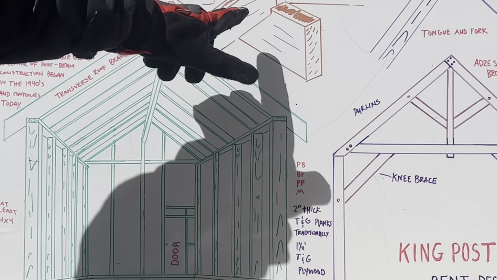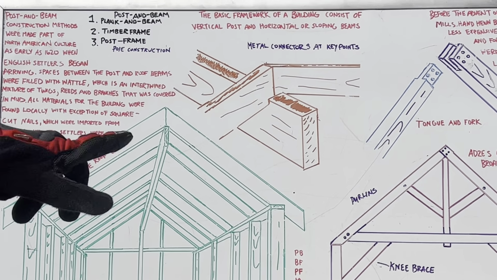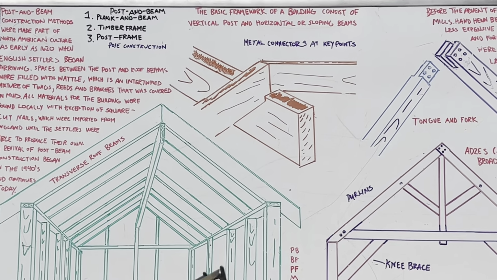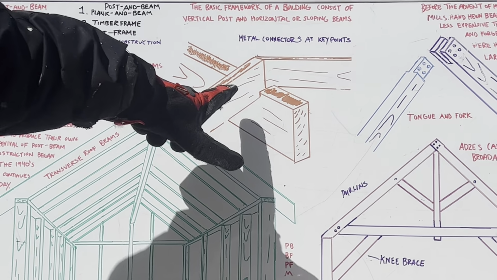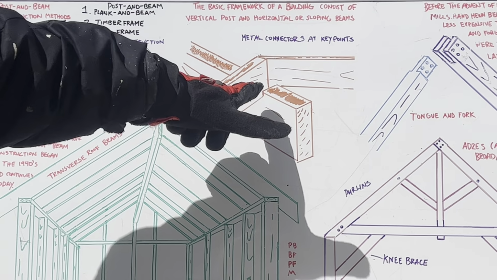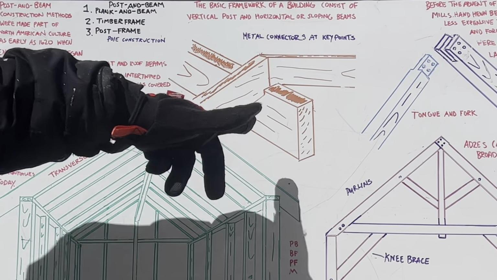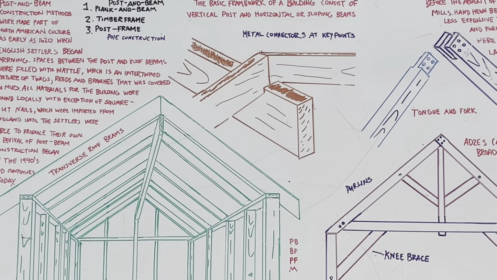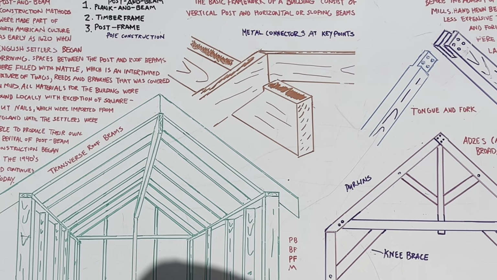Now, if you look at this blown-up section right here, this is how your transverse roof beams would be sitting on your ridge beam. You see how it's notched out right there to accommodate the edge of that beam right there, okay?